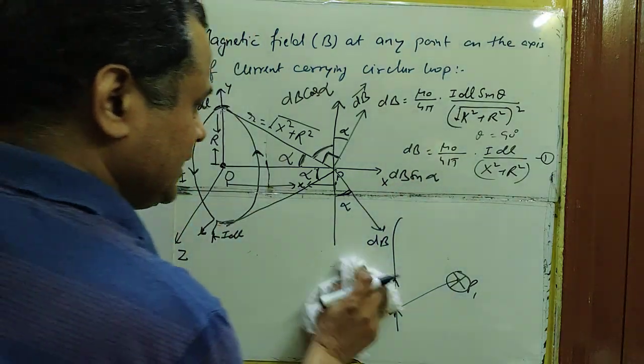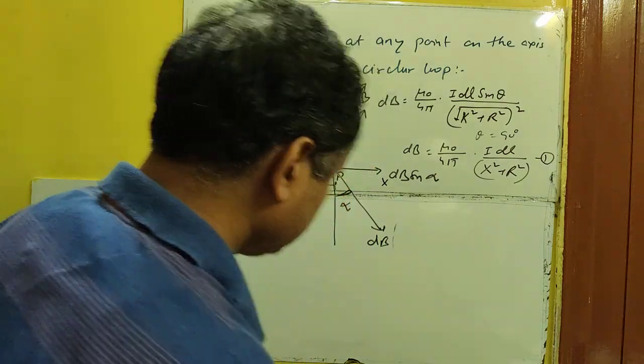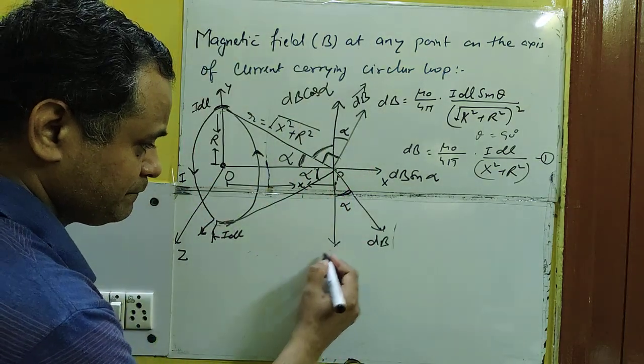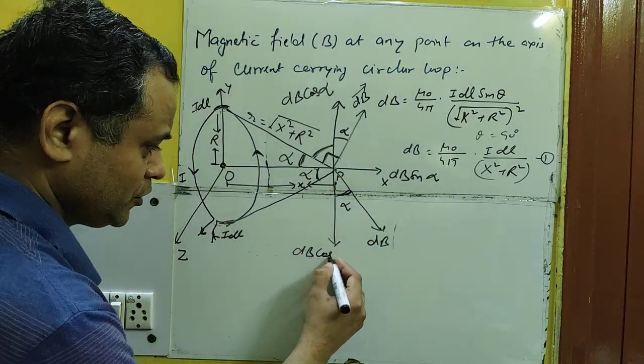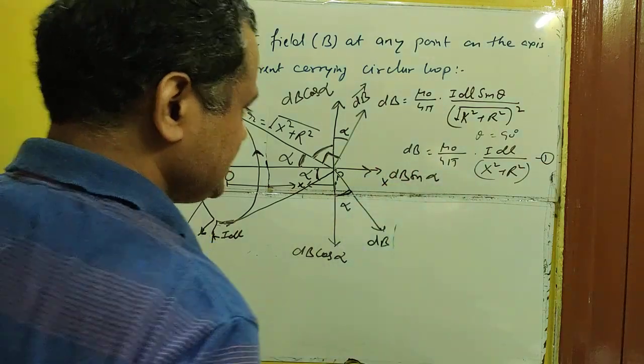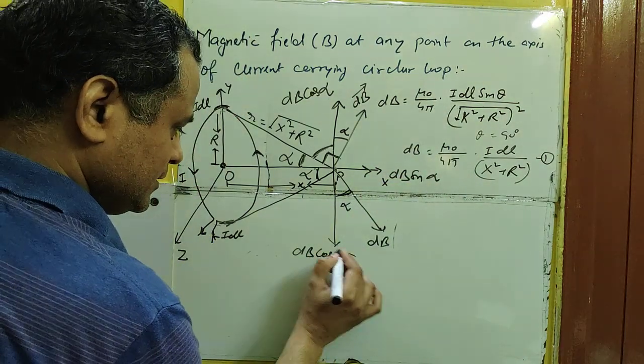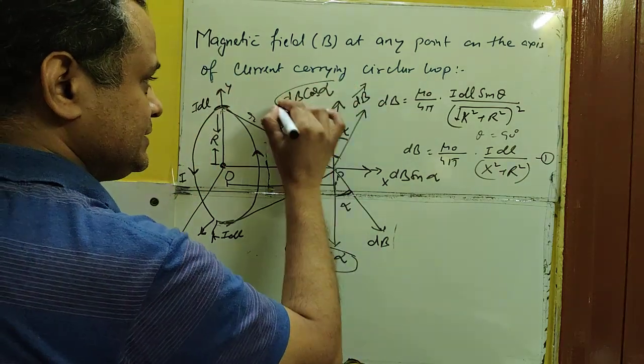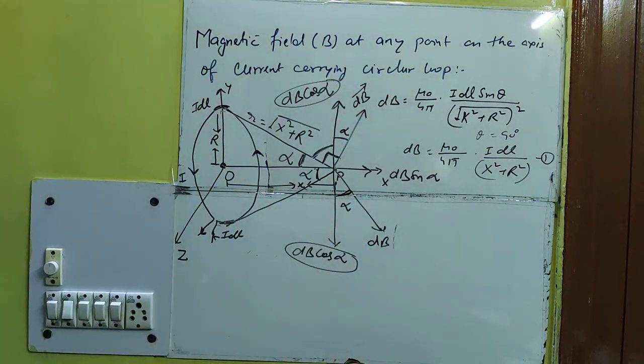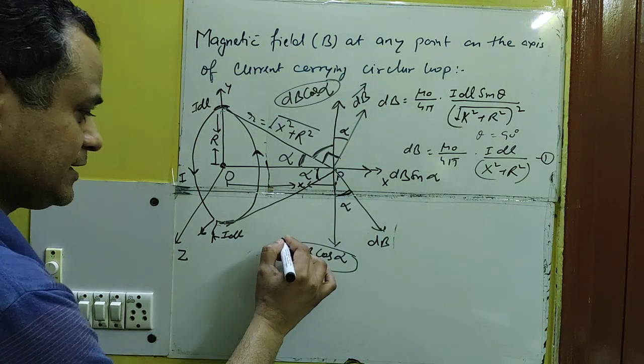The same thing is here: dB cos alpha, and this is the dB sin alpha. From the diagram it is very much clear. The dB cos alpha and this dB cos alpha are vertical and opposite, so therefore they will cancel.